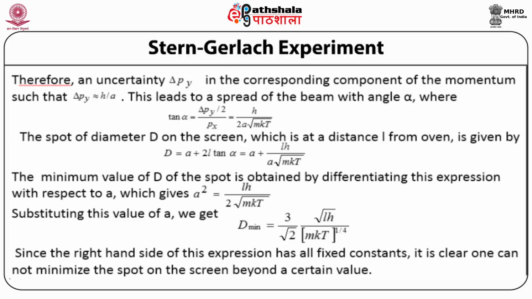Thus, the minimum value of d of the spot is obtained by differentiating this expression with respect to a.